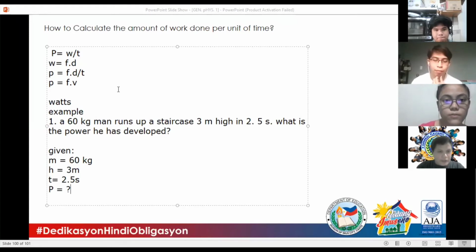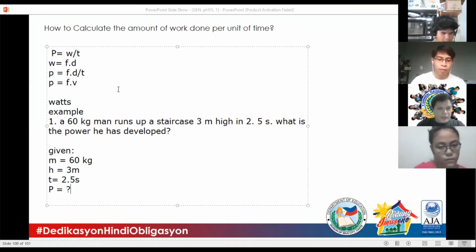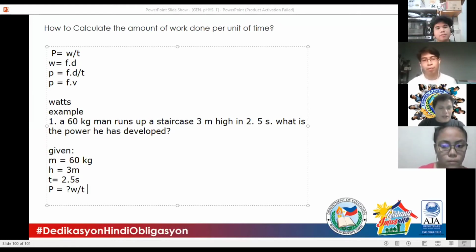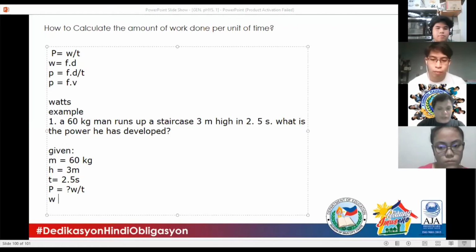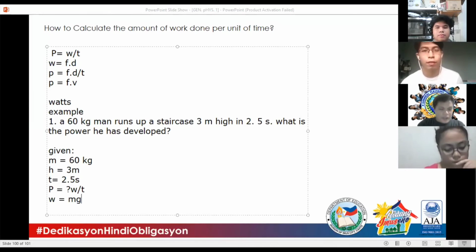Ang formula ng power po natin is work over time. Work over time, di ba? And then yung work is equal to force times distance. Or di kaya, yung work pwede siyang mass times acceleration due to gravity times height.